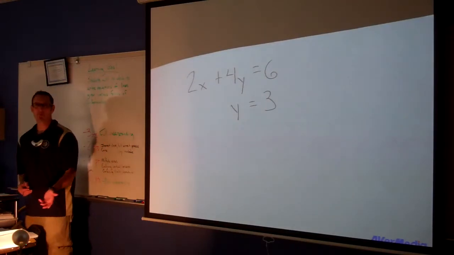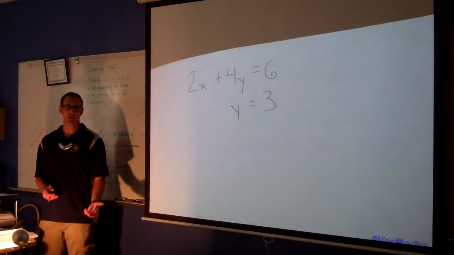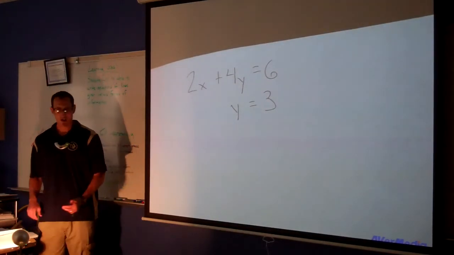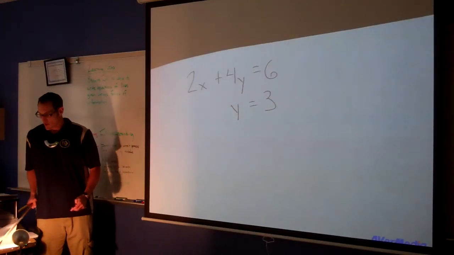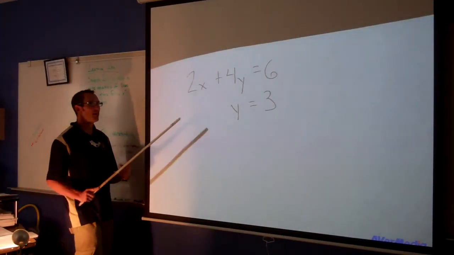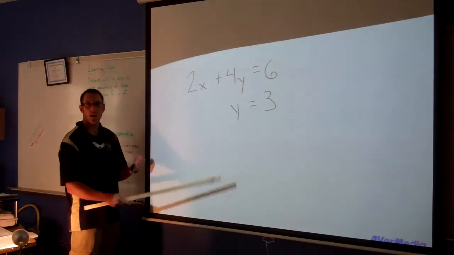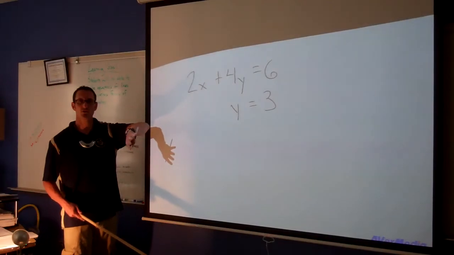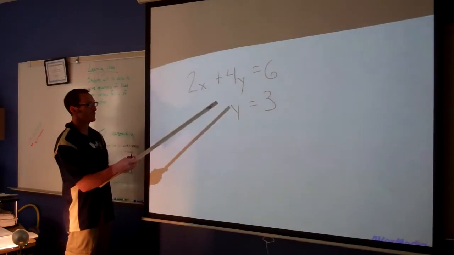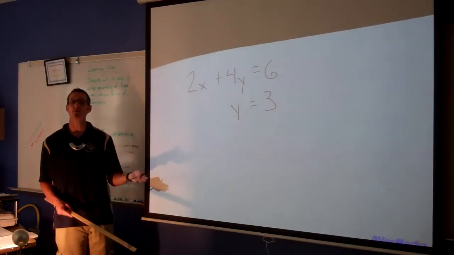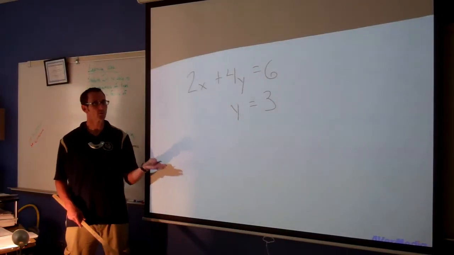So the first step that I talked about was find the value of one variable. Looking at these two equations, we have two variables. We have an x and a y. There is no x in this, but we still have a y. So through the whole system, we're still dealing with two variables, an x and a y. Do we know the value of either x or y?